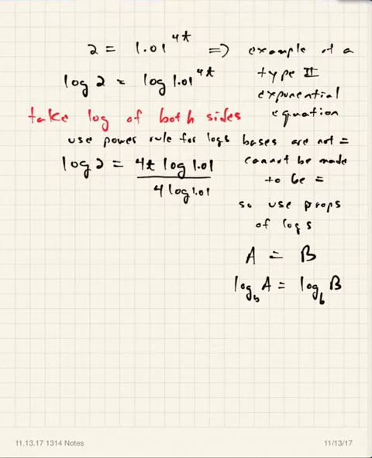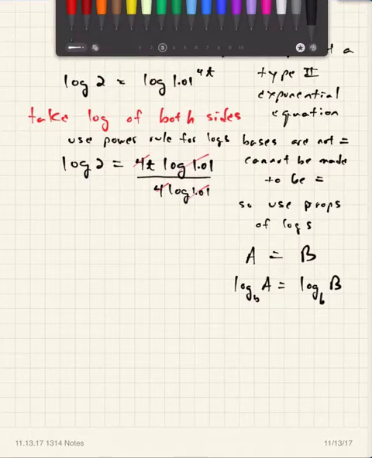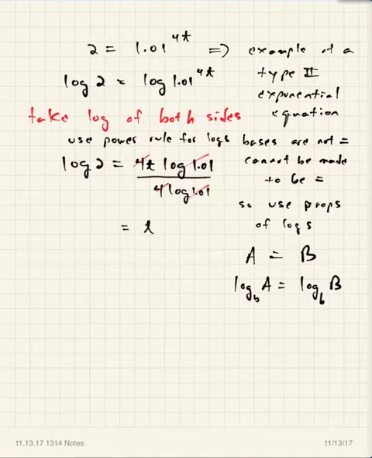That will mean that the 4's will divide out, and the log of 1.01's will divide out, and I will be left with a t on that side of the equation. But what do you have to do? You have to divide the other side of the equation by 4 log of 1.01 also. And so there's the solution right there.